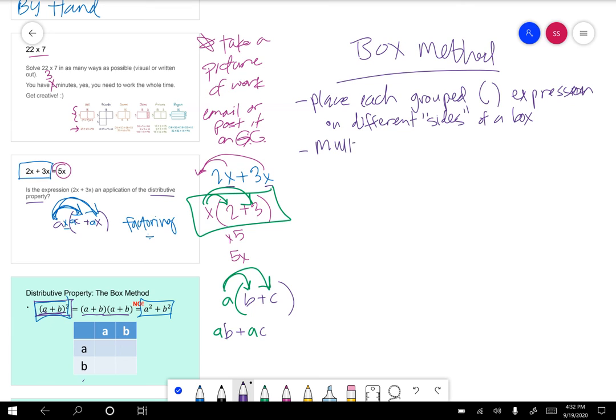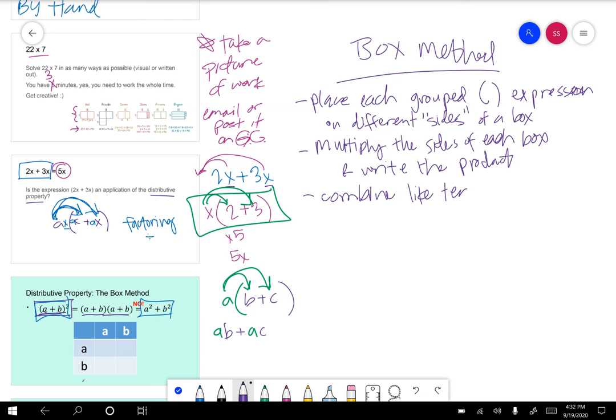Then you are going to multiply the sides of each box and write the product, meaning multiplication answer. Then you would want to combine like terms. Again, I'm writing this all out and then we'll actually go over what all this means. Combine like terms if there are any. If there's not, you can't combine them, so just leave it. And then write out the expression.